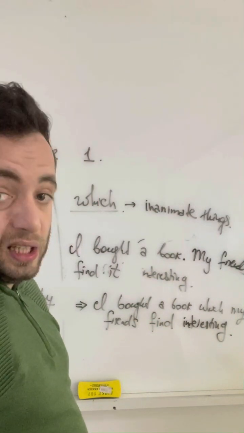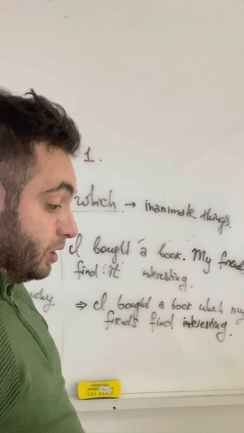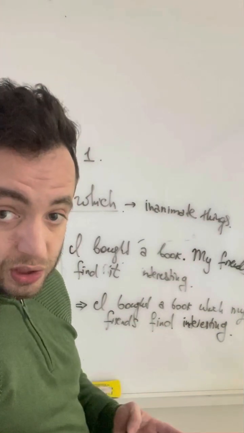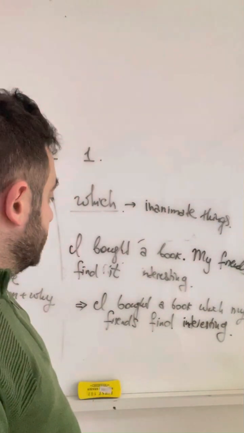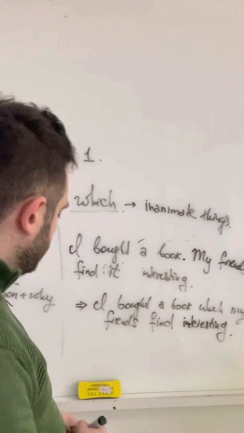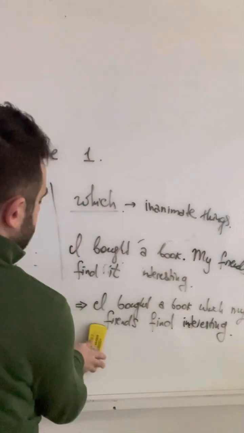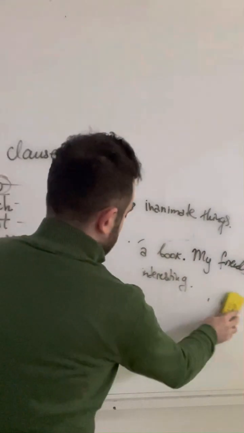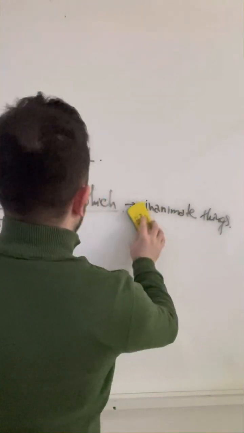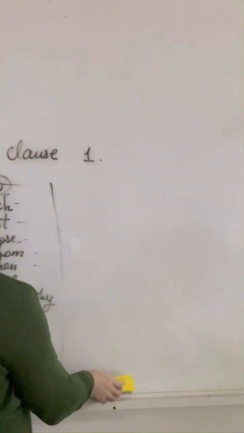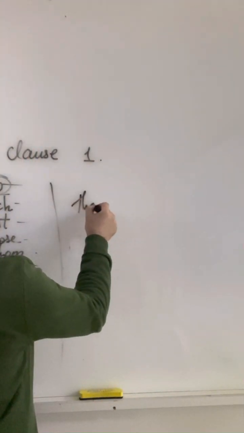So here, later we'll talk about it, it's essential, restrictive or non-restrictive relative clause. And we have now that. Before we said that, we can use that instead of both of them.